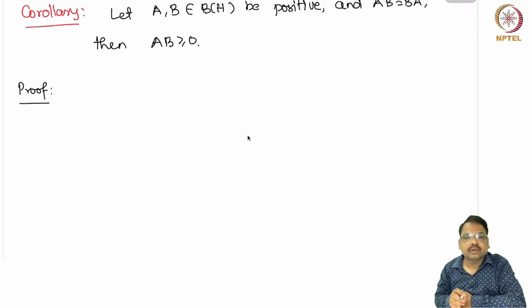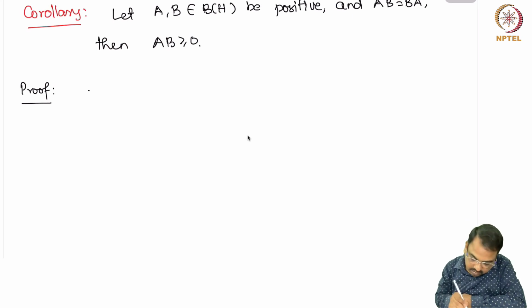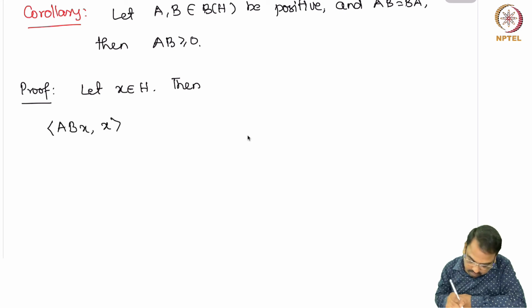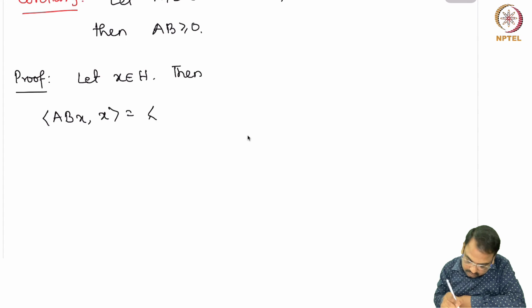Let us look at the proof. We want to look at inner product (ABx, x). So let us take x in H. Then if you look at (ABx, x), now A can be written as A to the power of half into A to the power of half. So this is (A^(1/2) B x, A^(1/2) x).